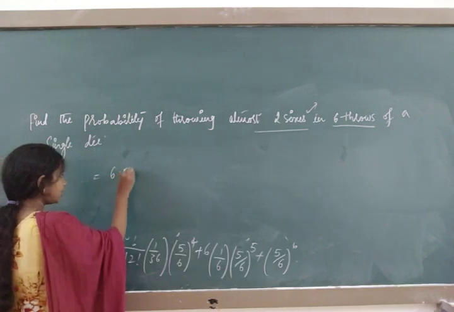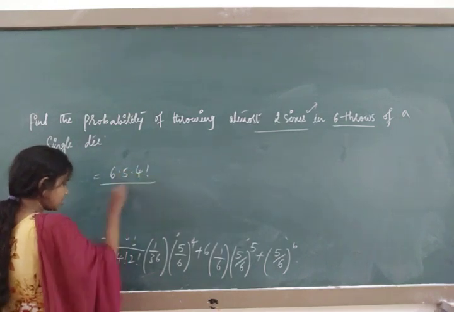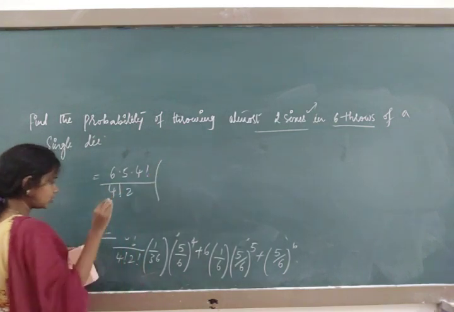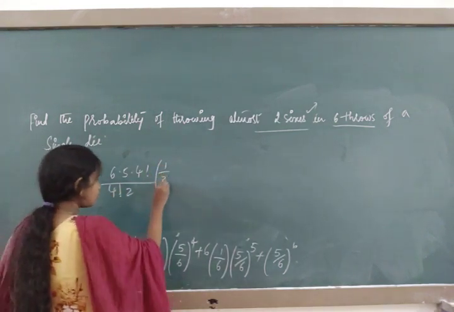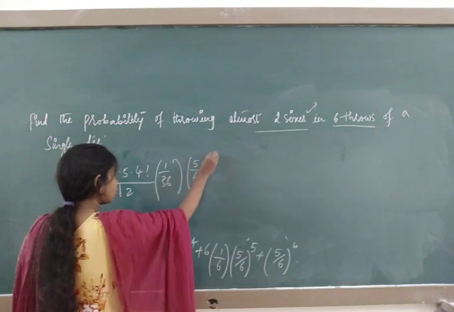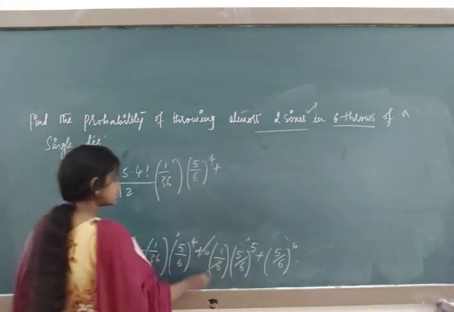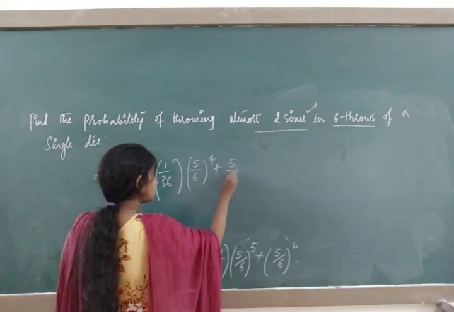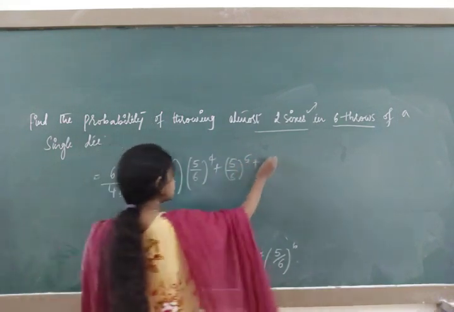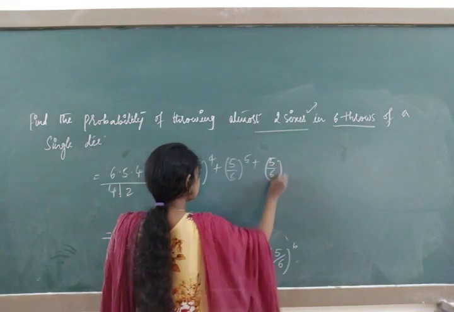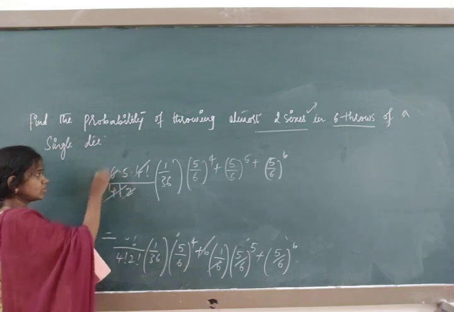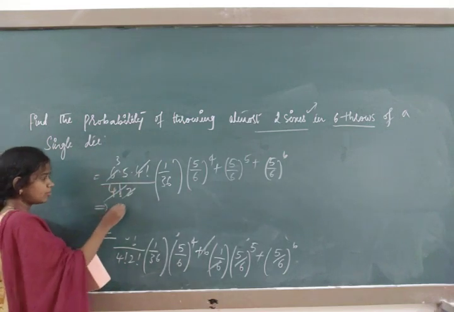6 into 5 into 4 factorial by 4 factorial into 2, it's 15, into 1 upon 36, into 5 by 6 whole to the power of 4, this cancels out with this. So it's 5 by 6 whole to the power of 5 plus 5 by 6 whole to the power of 6. 2 ones are 2, 3 fives are, it's 15 upon 36.